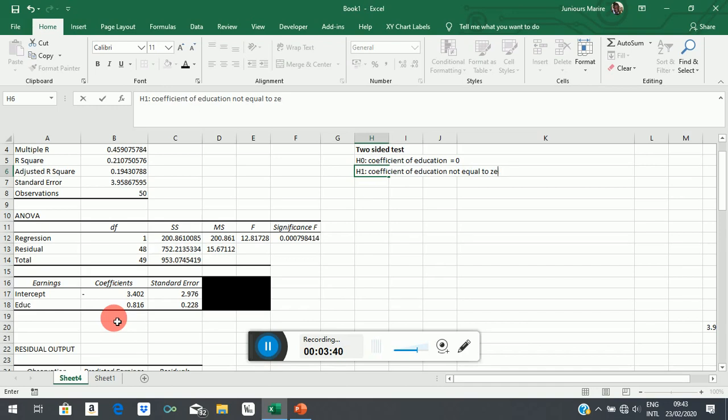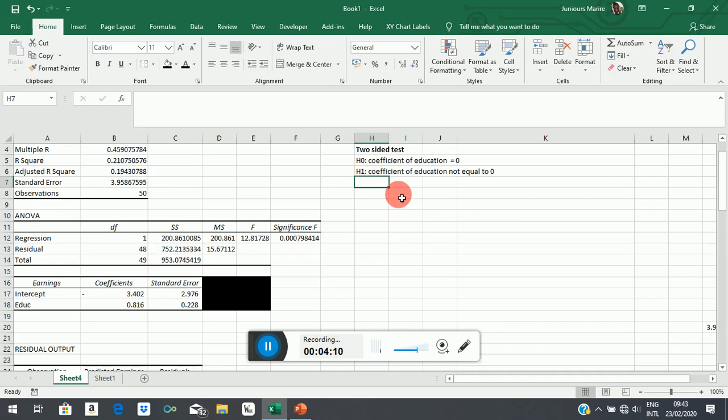Okay, not equal to 0. Now, in other words, the alternative is claiming that surely education has some effect. The effect may be positive, may be negative. That's why I'm saying the two-sided test doesn't make much sense, because there is no way education can have a negative effect. But here I'm doing it to illustrate what a two-sided test will look like.